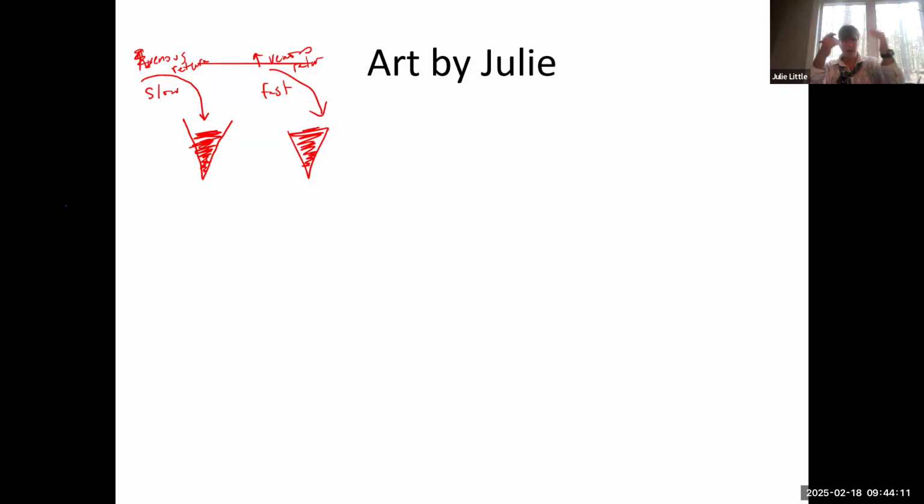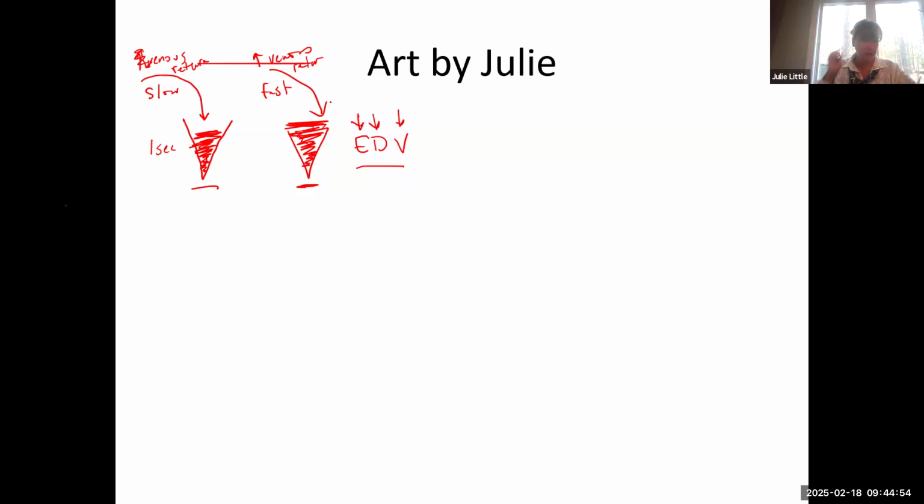Increased venous return allows more blood to come back to the left ventricle, or to the right. I should just quit today. But increased venous return returns blood to the heart much faster. That is going to increase end diastolic volume, because if we only have one second to fill this ventricle and the blood's coming in slowly, or one second and the blood's coming in fast, we're going to get a higher volume at the end of diastole. So increased venous return increases end diastolic volume, the volume of blood in the ventricle at the end of diastole.